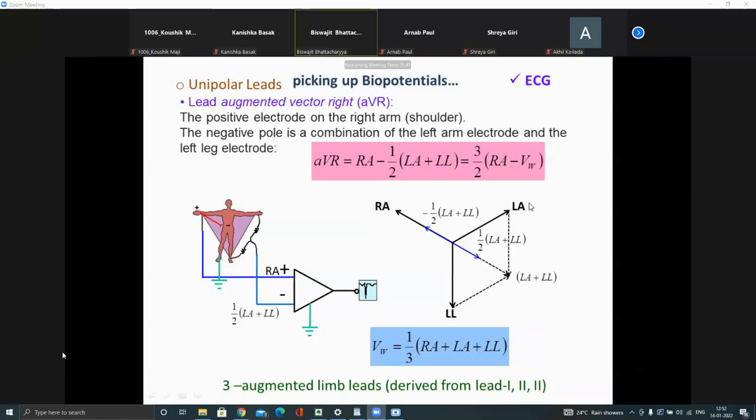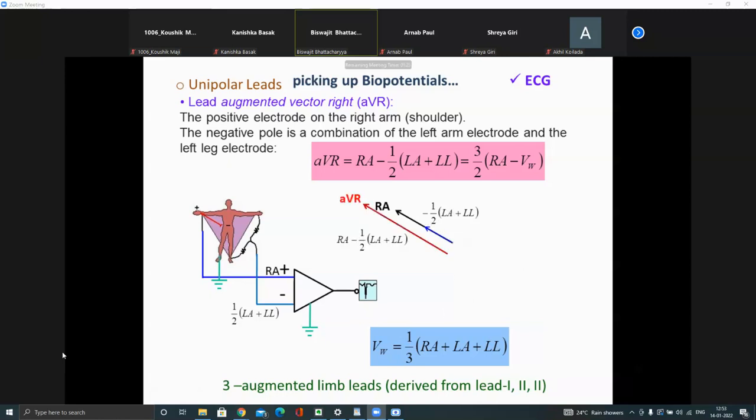We are adding them. So VLA plus VLL will give us the sum of the two. Take half of this. Now you take the negative of that, minus half of LA plus LL, and you add it with RA. So if you add RA plus minus half of this, what will it be?